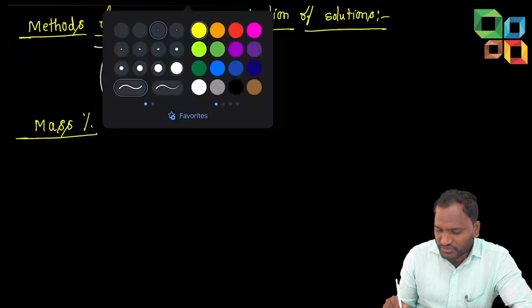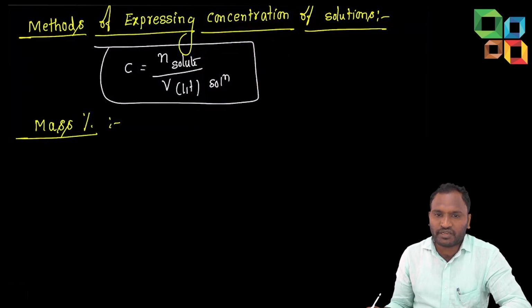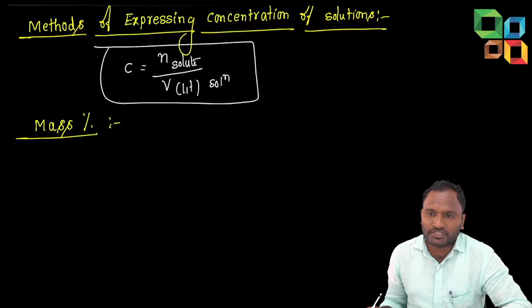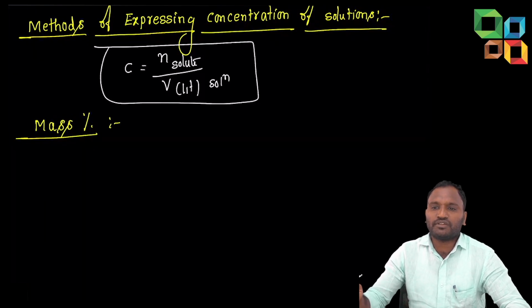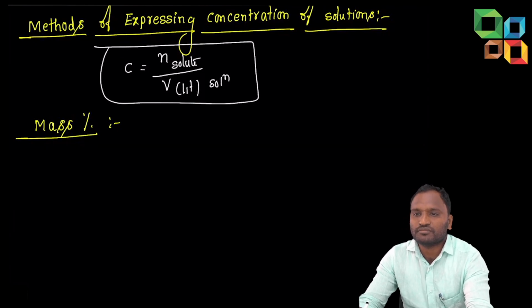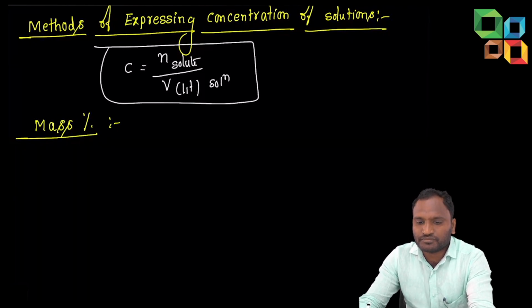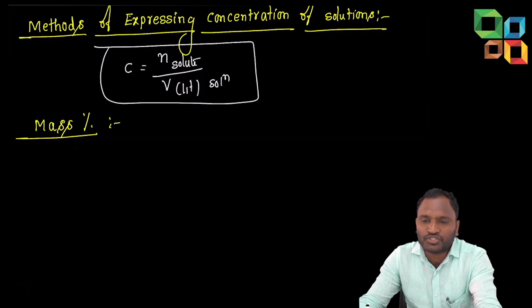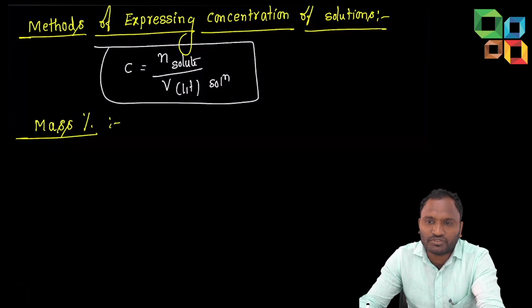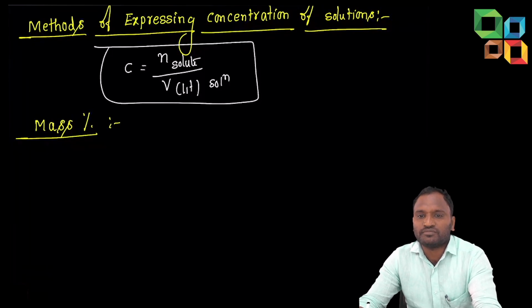What is mass percentage, students? In ninth standard also you had it, I think. Tripti, correct answer. Dhanush, correct answer. It is the ratio of mass of solute to the mass of solution, into 100. Yes, Tanmay, correct answer, very good.